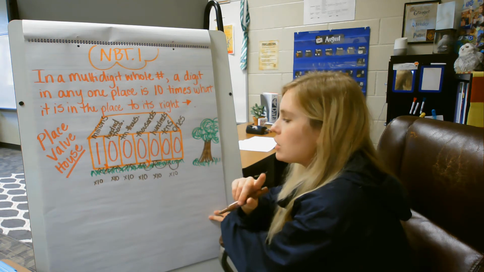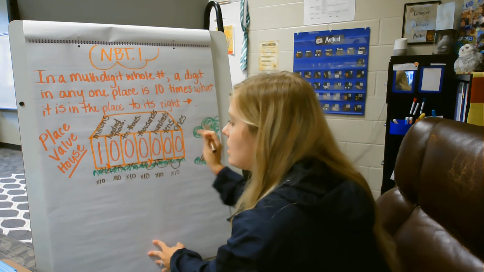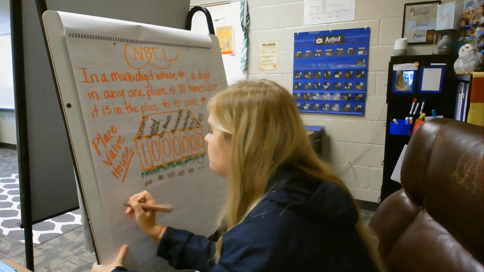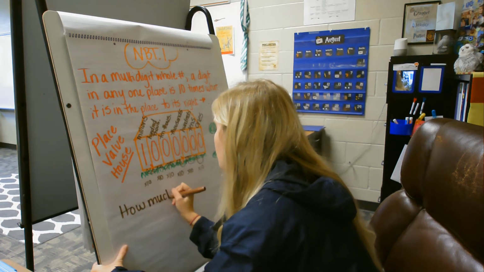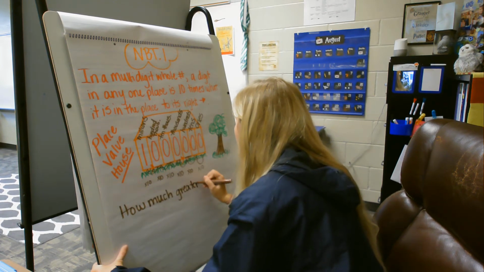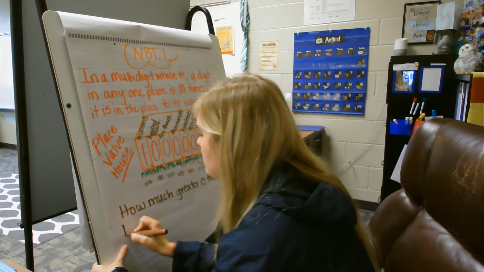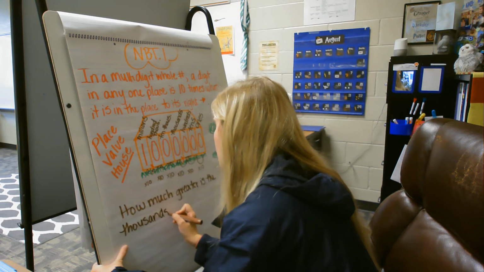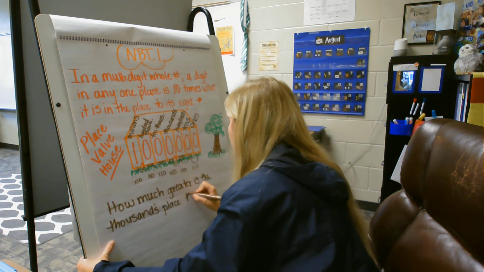That just means, and I'm going to write this down so that you can see this later, let me see if I want to know how much greater is the thousands place than the ones place.